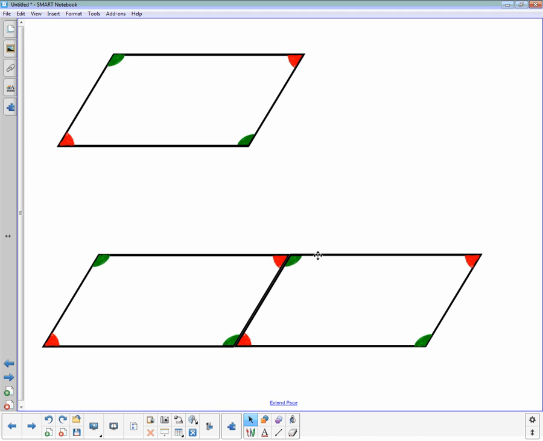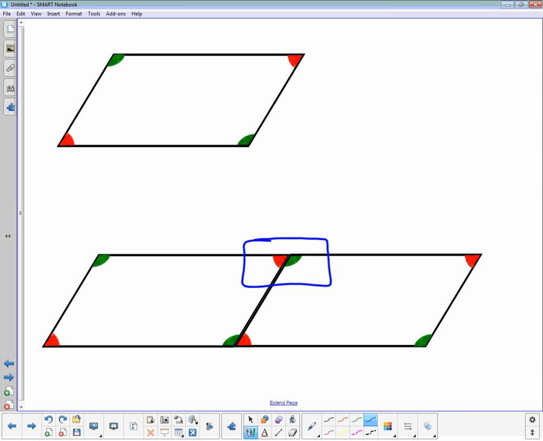What does that tell you? They make a line, right? They make a straight line. What's the name of that pair? Say it again. You were right. I heard it from that table.